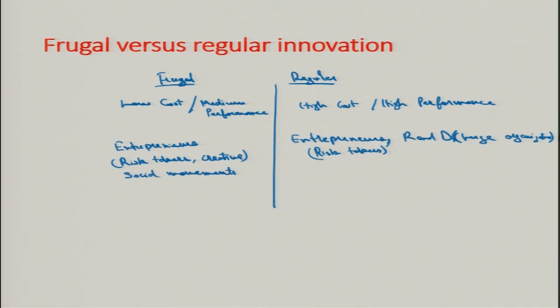some social requirements like Clean India, or Make in India. These things sometimes lead to frugal innovation. If some social movement is there, then sustainable innovation.